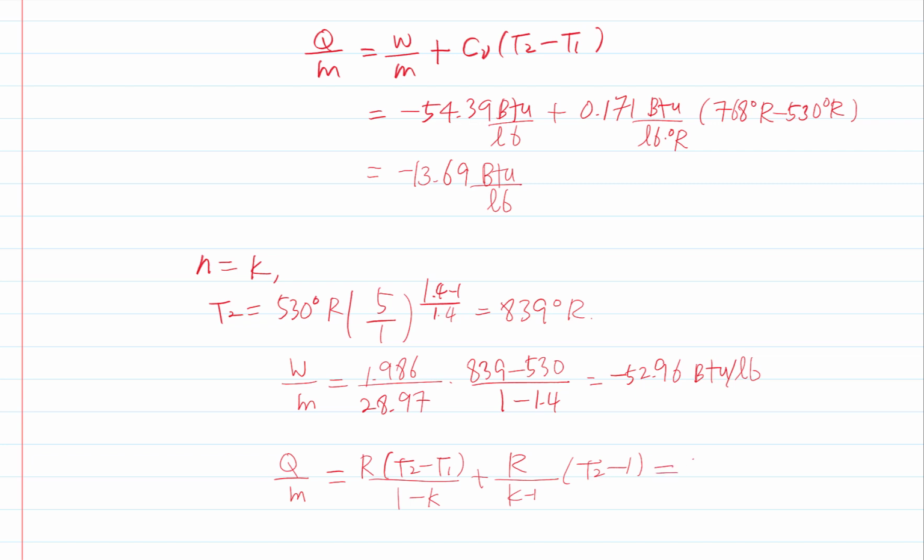So this equals 0. So with the exponent n equal to k, there is no heat transfer during the process, and the work is done on the system.